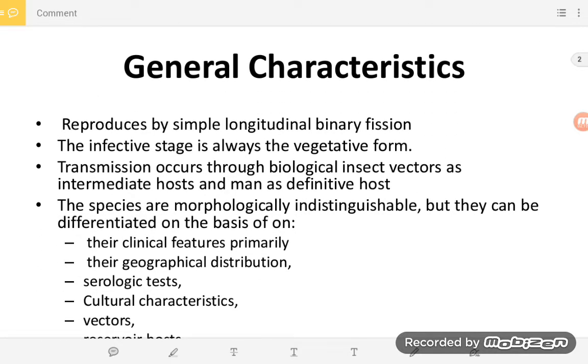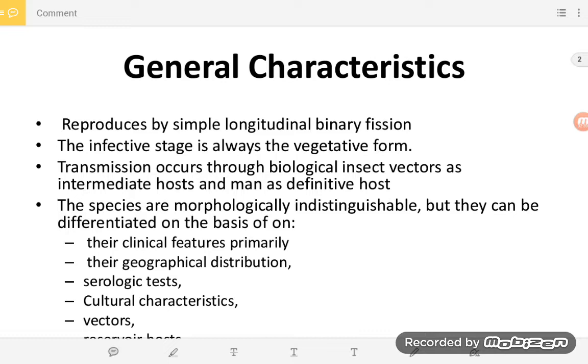General characteristics of Haemoflagellates: they reproduce by simple longitudinal binary fission. So the reproduction or propagation is simple longitudinal binary fission. The infective stage is always a vegetative form. In Leishmania species, the infective form is the promastigote form.